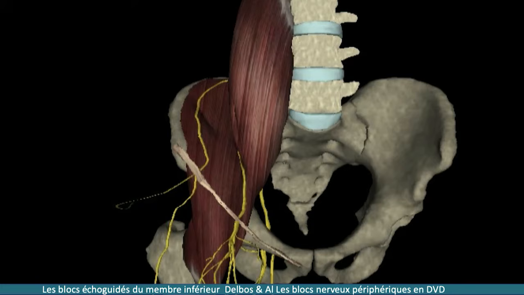Then the femoral nerve changes its direction to go between the psoas and the iliacus muscle to emerge from the pelvis on the anterior side of the bone, between the iliacus and the pubic bone, under the inguinal ligament. The obturator nerve emerges more distally through the obturator foramen.